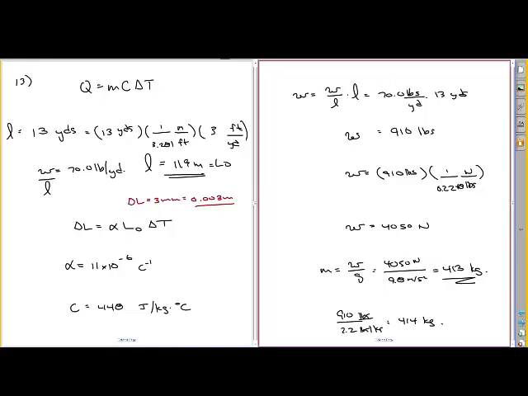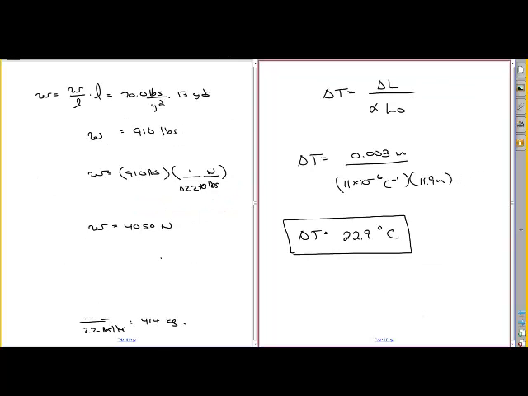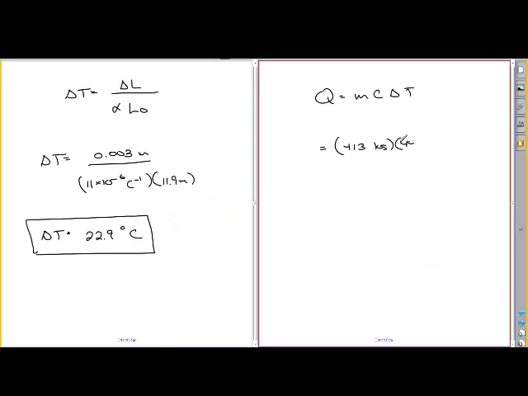Specific heat was, first page, 448 joules per kilogram degrees C. And our temperature change is right there on the previous page.